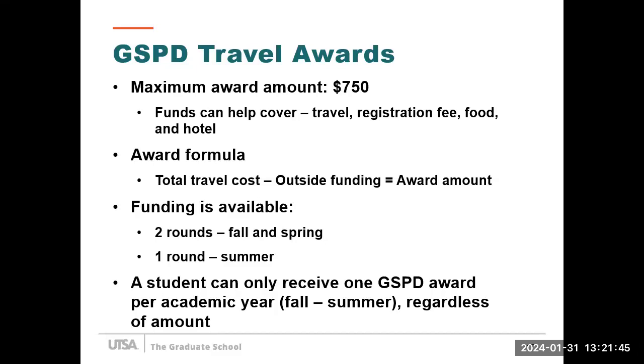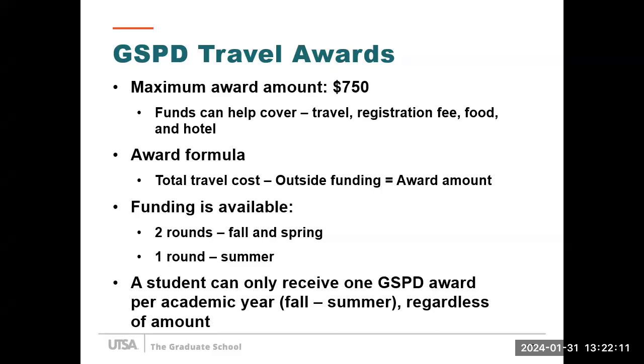So let's say you were to win, first place is $1,200. Second place is $750. Third place is $500. People's Choice is $200. If you were to win any of those slots, your department receives a matching amount that they can use to fund travel for students to go to conferences.